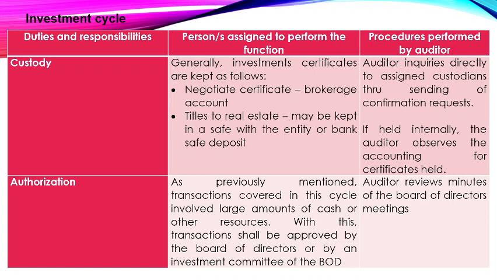Authorization: as previously mentioned, transactions covered in this cycle involve large amounts of cash and other resources. With this, transactions should be approved by the board of directors or by any investment committee of the board. Auditors review minutes of the board of directors meetings in order to check if there is proper authorization and proper accountability.